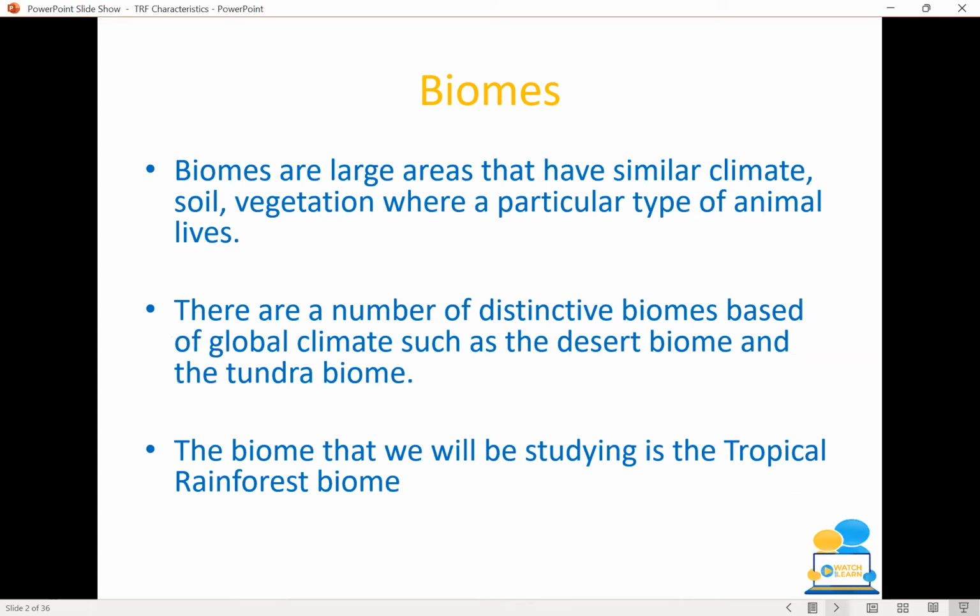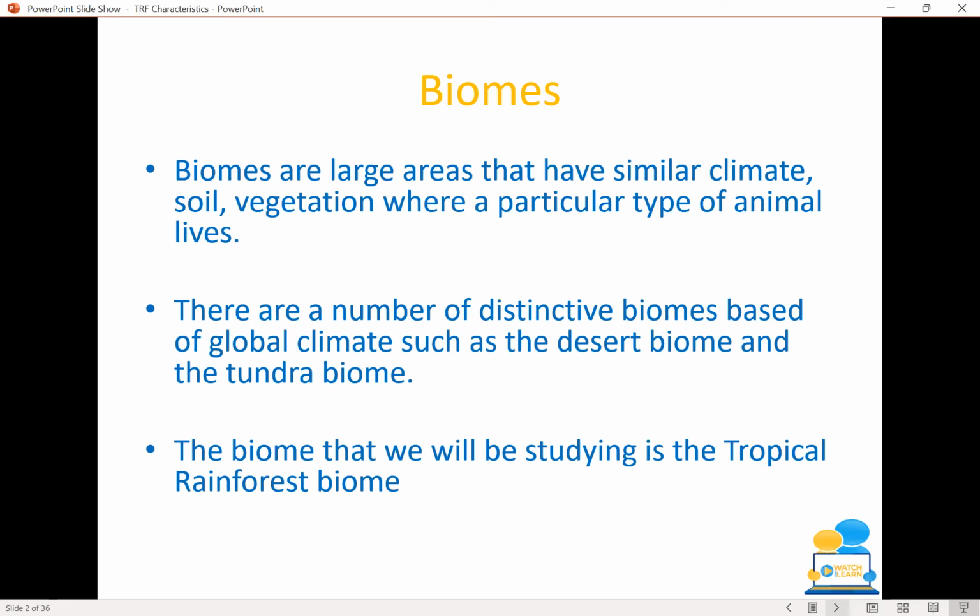So the first thing we need to look at is what exactly biomes are. We need an understanding of what a biome is before we can begin to look at it in a bit of detail. The tropical rainforest biome is the one we're going to be studying, but what is a biome in general? Biomes are large areas that have a similar climate, soil, and vegetation, and where a particular type of animal also lives.